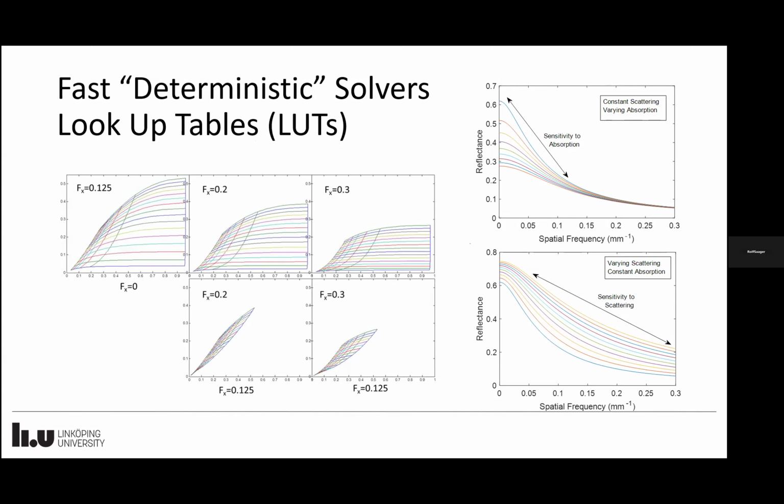If you pre-compute them for these specific spatial frequencies, you have two frequencies, you have two unknowns. You can have this direct kind of lookup table approach. The question really is which combination of spatial frequencies, because each combination, so if we have 0 spatial frequency and 0.125, 0 and 0.2, 0 and 0.3, you have a kind of different parameter space.